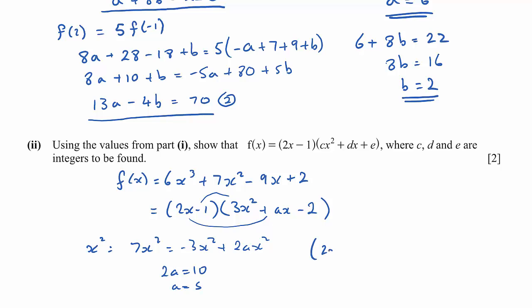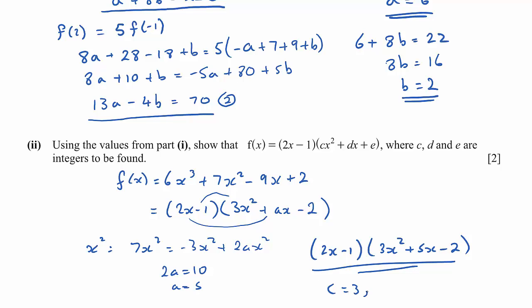So what I have is 2x minus 1, 3x squared plus 5x minus 2. So that's giving me c is equal to 3, d is equal to 5, and e equals minus 2.